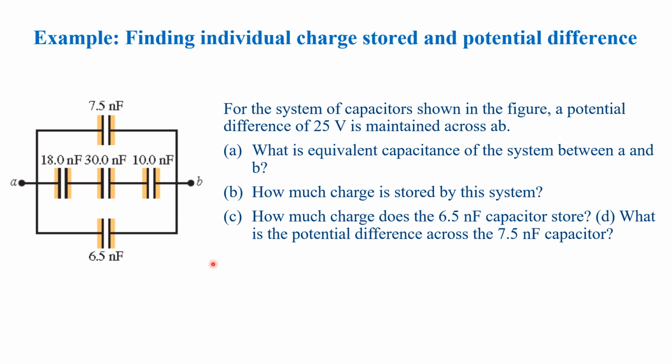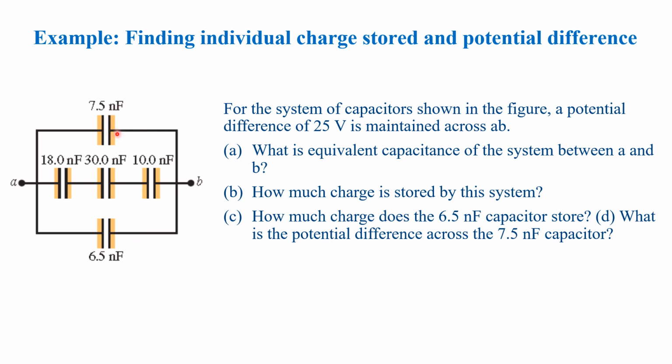For this problem, we are asked of the equivalent capacitance of the system of 5 capacitors, and we're also asked of the charge stored by this system. And lastly, we're asked of the charge that the 6.5 nanofarad capacitor stores, and also the potential difference across the 7.5 nanofarad capacitor here.